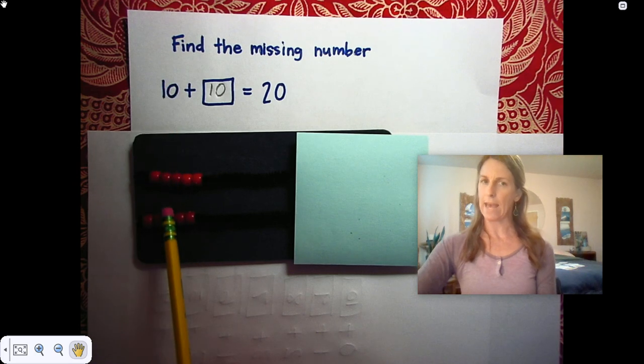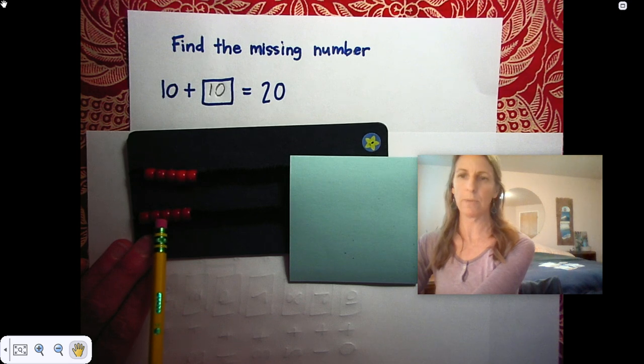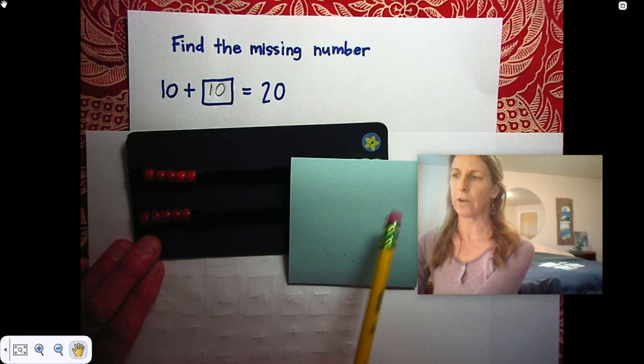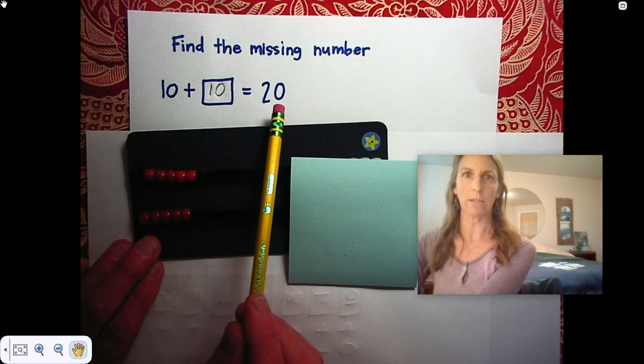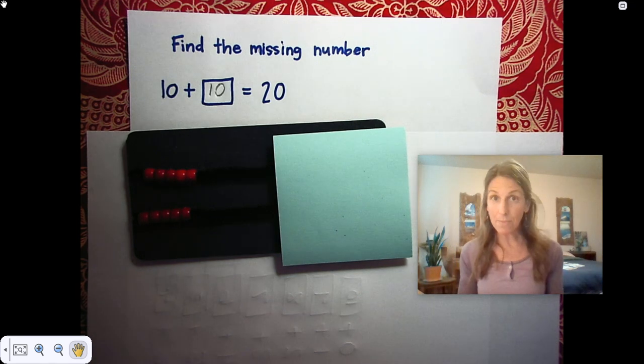We have 10. Here's the 10 number, and here's the 10 in beads. 10 plus some number over here equals 20 all together. So what am I covering up? How many beads are covered up?